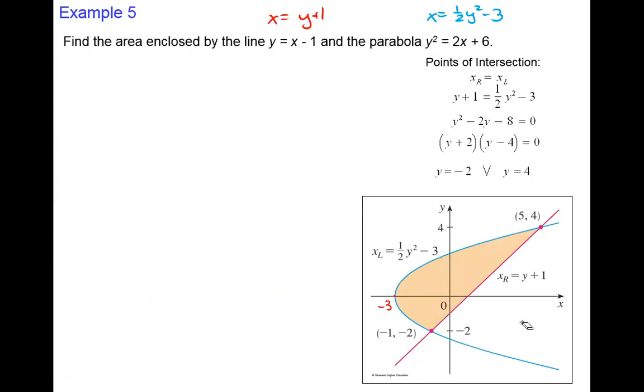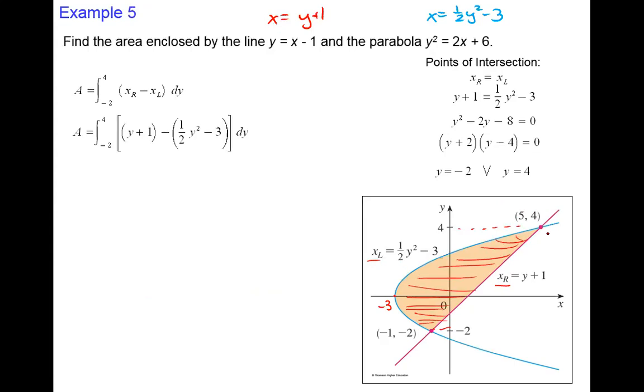That's the parabola, those are the points of intersection, and we can nicely see the right and the left. The points of intersection will give me the limits of integration. That means the area enclosed by these two curves is the integral from negative 2 to 4 of the right minus left.